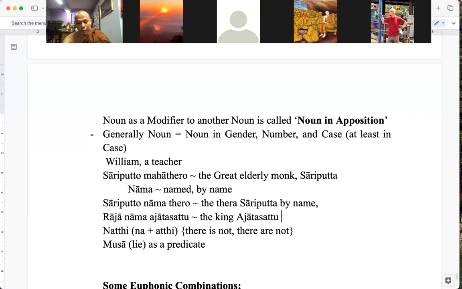Literally, Ajatasattu by name, or the other way, the king named Ajatasattu. So in this way, those are called the usage of the noun in apposition.